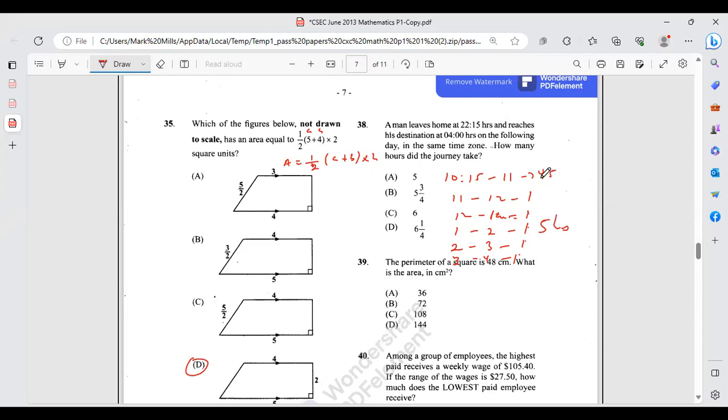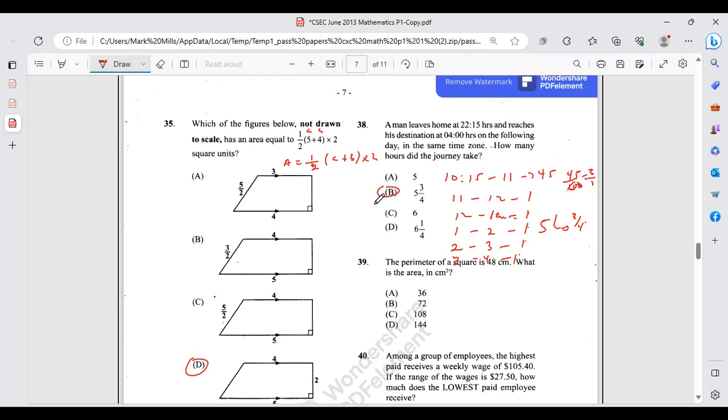Then how do we present 45 minutes as a fraction? 45 over 60. When you break it down, we get 3/4, right? So that means this is 4 hours and 3/4.